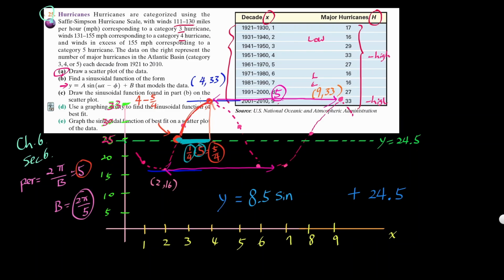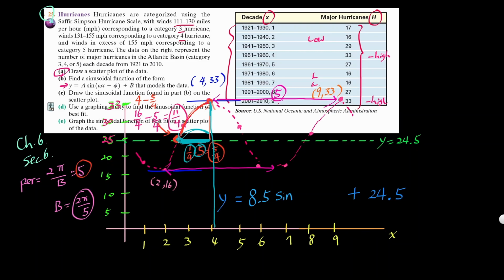So we subtract, going backwards by 5 over 4, to get the exact x value. We know y will be 24.5. So what is 4 minus 5 over 4? That's 16 over 4 minus 5 over 4, which is 11 over 4.